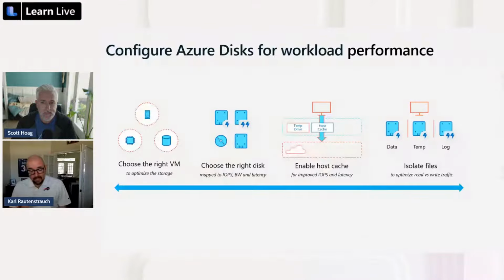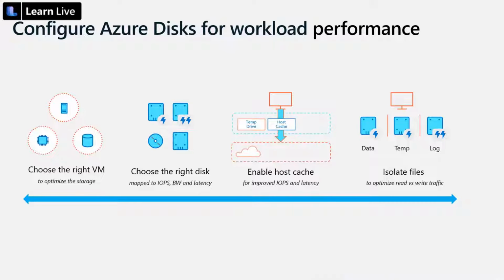Yeah, absolutely. So I'm going to start with choosing the right VM. You saw some staggering performance numbers at the bottom of that last slide in terms of number of IOs per second for the different disk types and amount of throughput or megabytes per second for each one of those disk types. Well, just as we have different performance tiers within the disks, we have different price performance tiers within our VM platform as well.